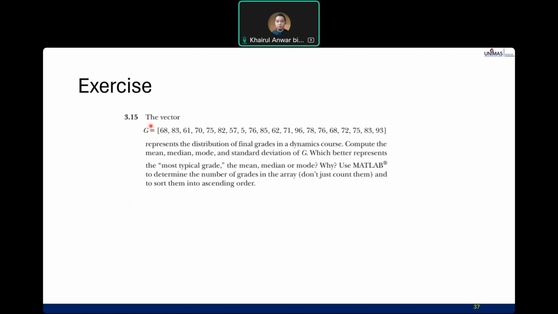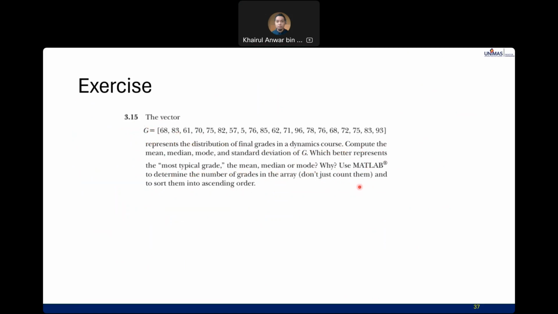Two other exercises. Define vector G, representing the distribution of final grades in dynamics course, and check the mean, median, mode, and standard deviation of G. Which value represents the most typical grade? The mean, median, or mode? Why? Use MATLAB to determine the number of grades in the array, just count them, and sort them into a single order.